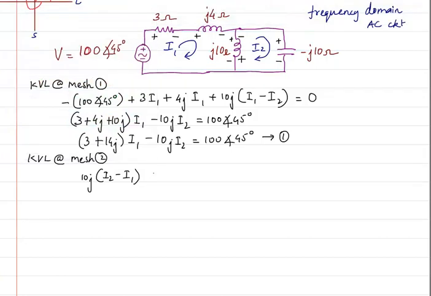Okay, so I2 minus I1. So I have chosen the back of the element, so it is plus here. Similarly here it is going to be back of the element, which is again plus. So plus of minus 10j I2, and that is equal to 0.